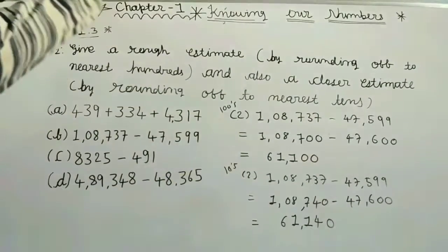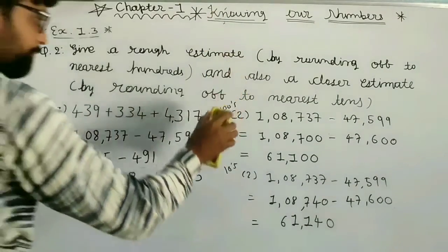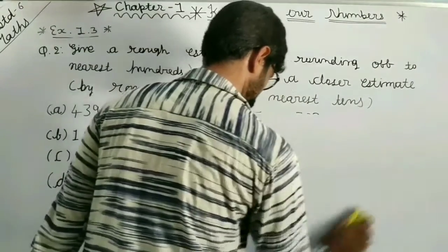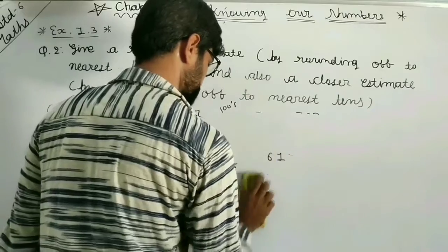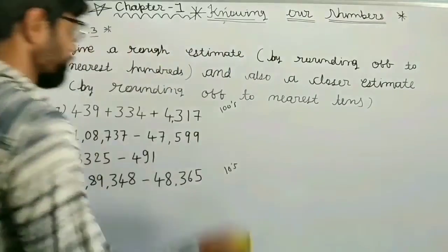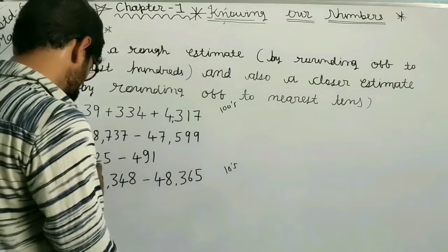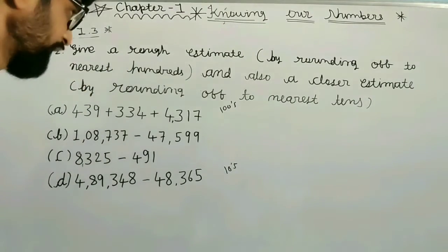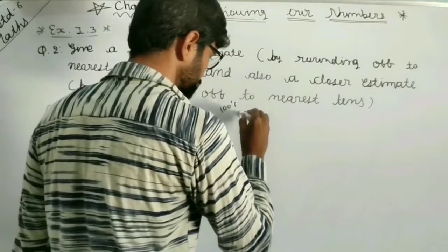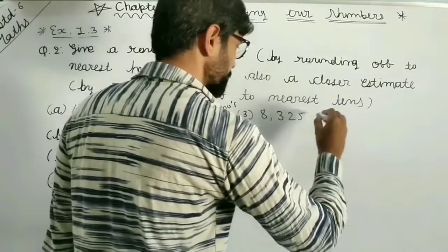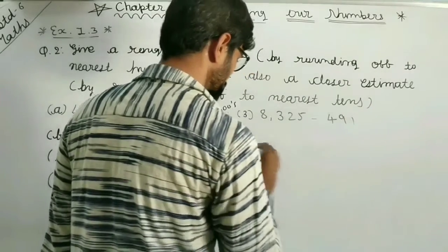Now I am moving on to question number 3. Your question number 3 is 8,325 minus 491.